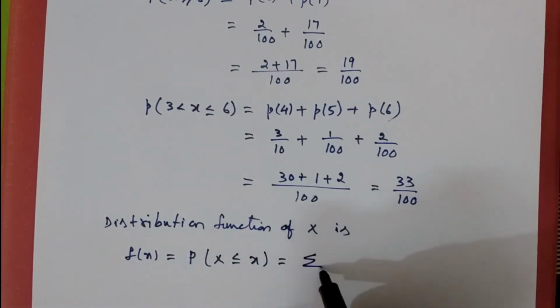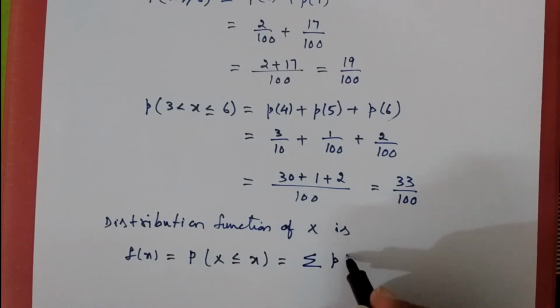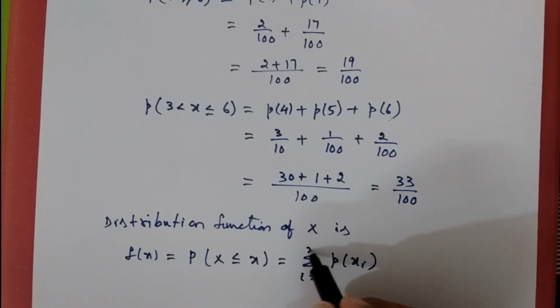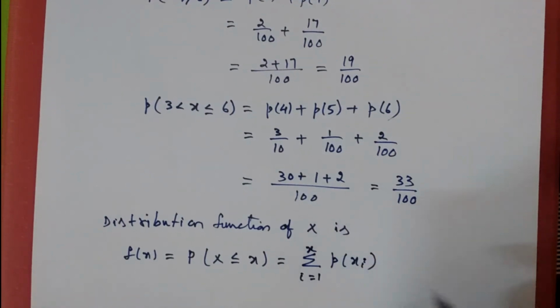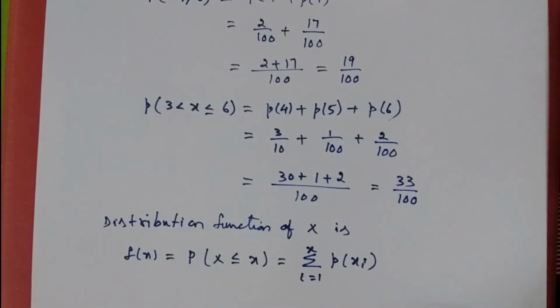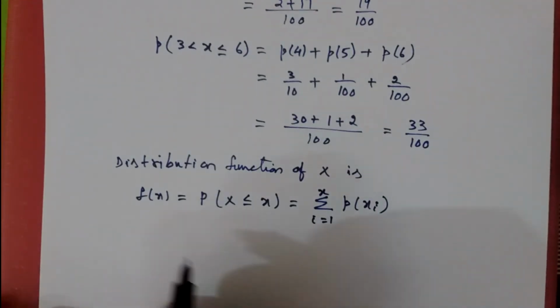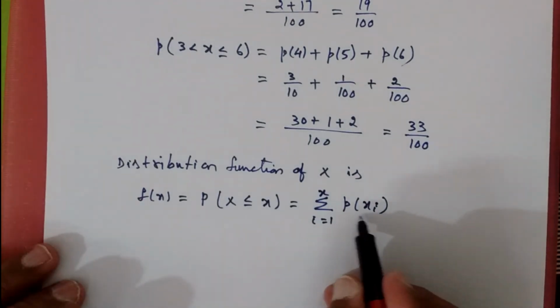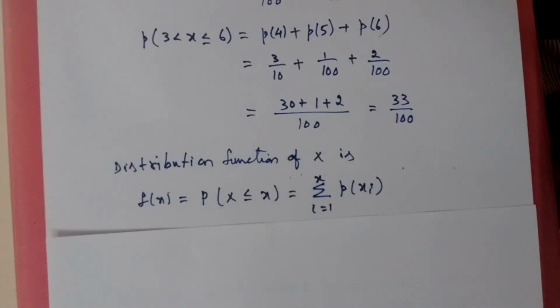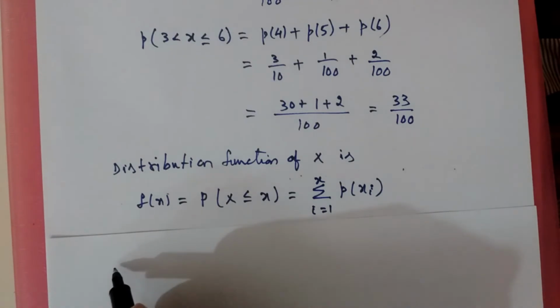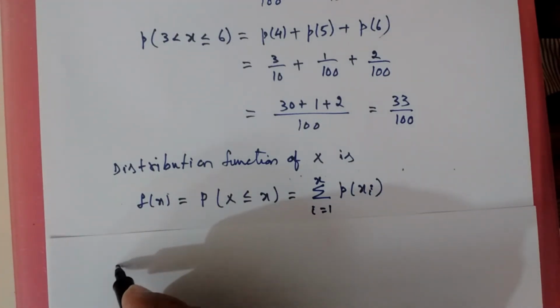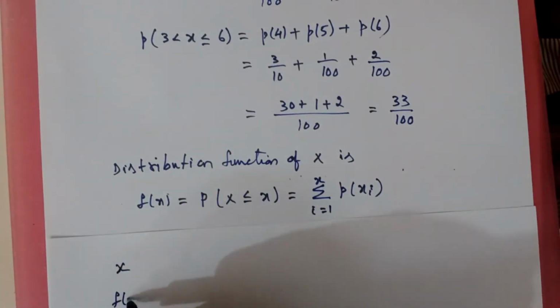It is nothing but summation p of xi, where the value of i is running from 1 to x. This is nothing but the cumulative distribution. This formula is for cumulative distribution. So now if you try to prepare the table for the values of p of xi, for cumulative distribution you can write the value of x and f of x.